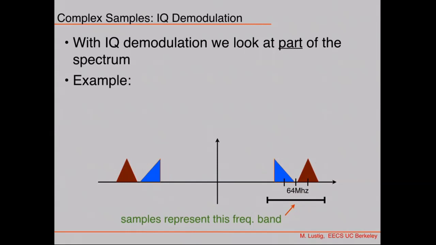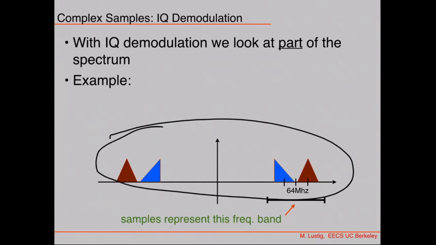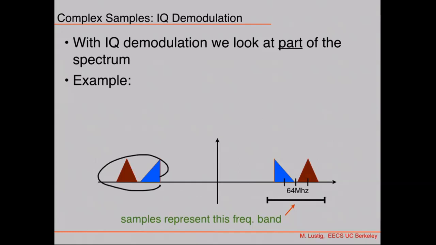This is just a fact. Now, I really don't care about this entire bandwidth because my signal is very narrow banded. It is only located in a small band around 64 megahertz. And this part is conjugate symmetric to this part, right? So really all my information is represented in just one of those bands.